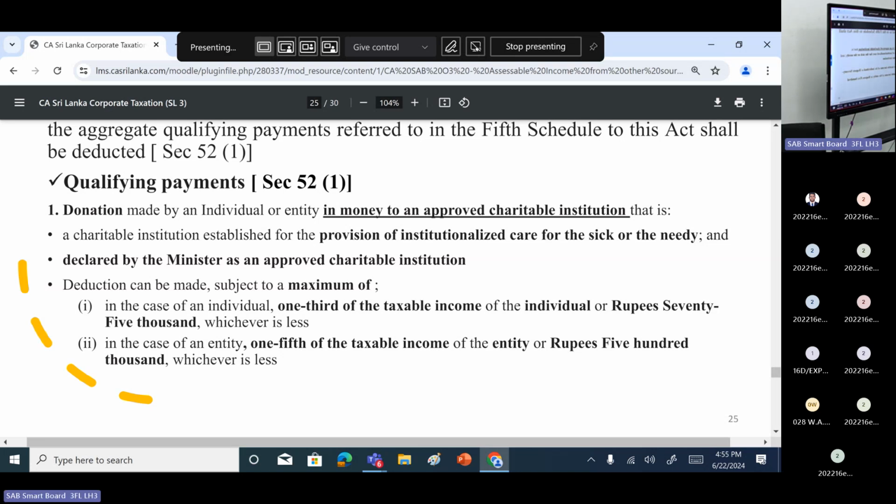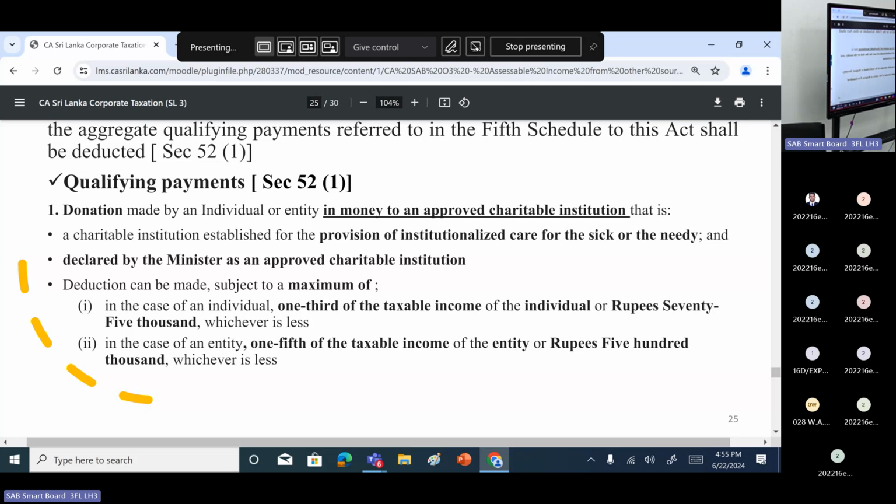Somebody wants to start a children's home, they can set one up. But from the tax point of view, it should be approved by the ministry. So we have to apply for the charitable status. The ministry issues a gazette notification. So this is a charitable institution. Otherwise, it is not a charity for this purpose, right?